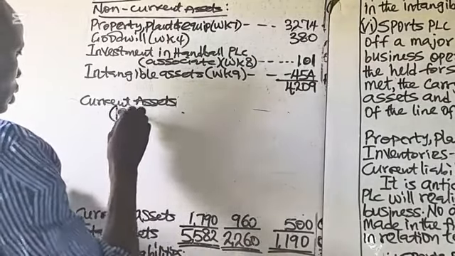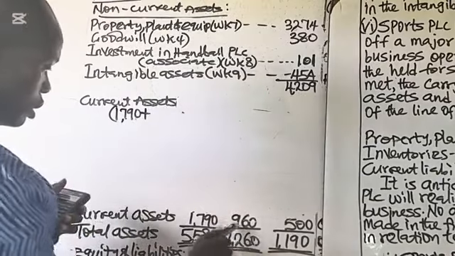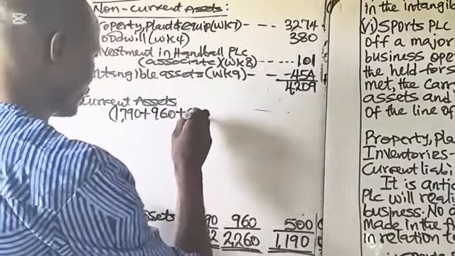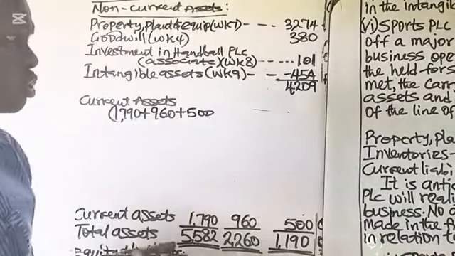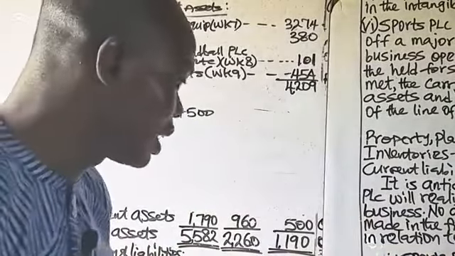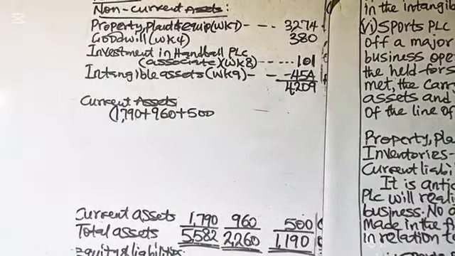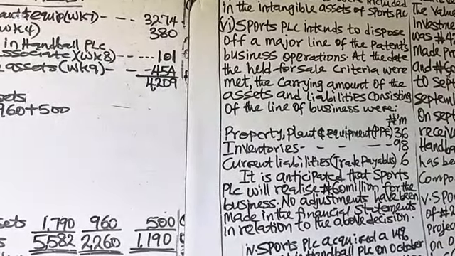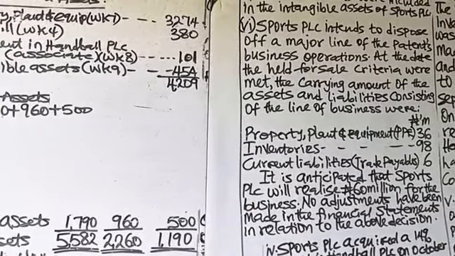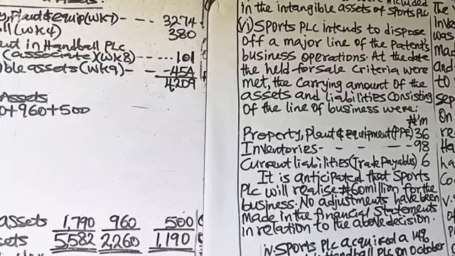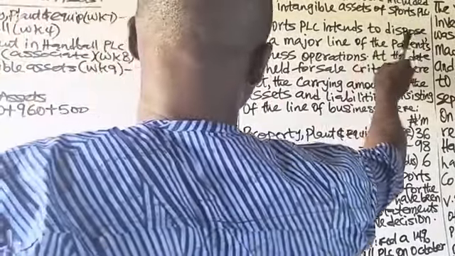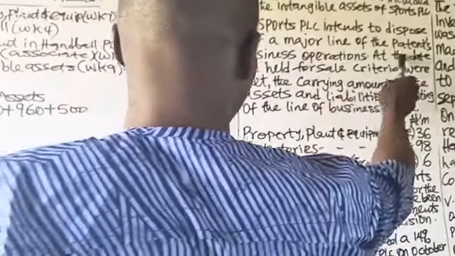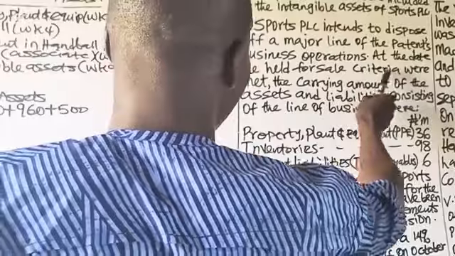1790 plus 960 plus 500. Then go to the additional information number 6. Number 6, we have the disposal group in note 6. So you were told Sport PLC intends to dispose of a major line of the patents business operations at the date the held for sale criteria were met.